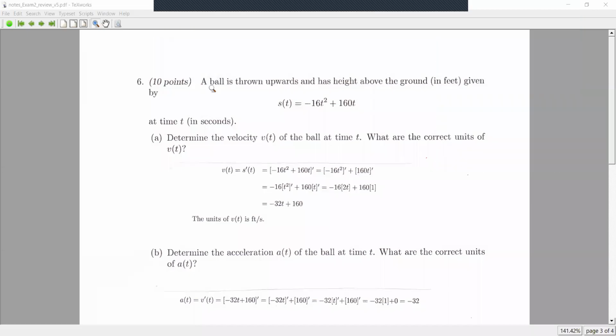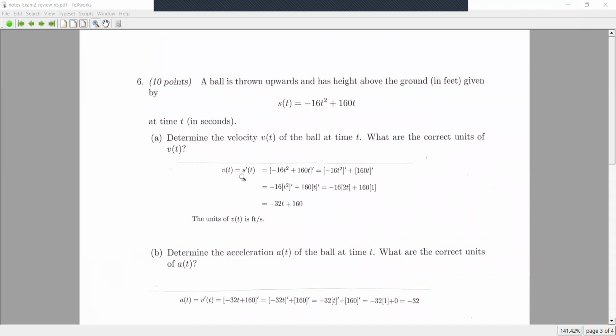Problem 6. A ball is thrown upwards and has height above the ground in feet given by this position function. T is time in seconds. Part A. Determine the velocity of the ball at time t. What are the correct units of velocity?